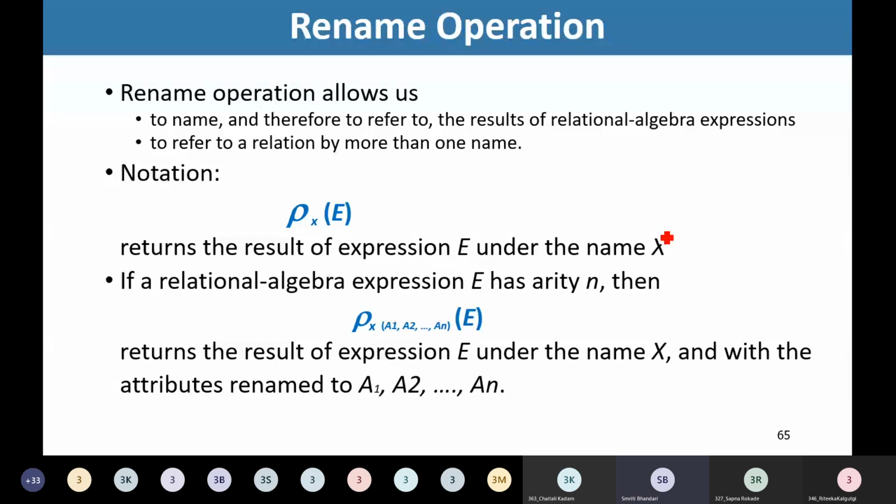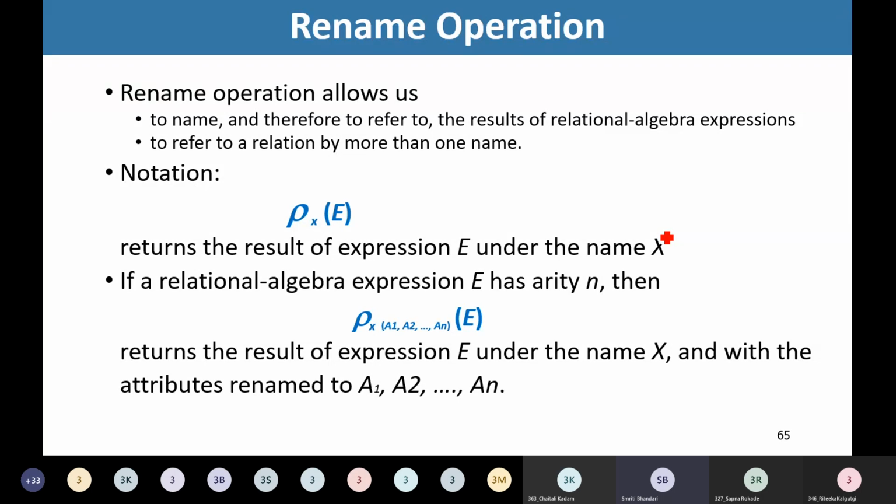Sometimes it may happen that we need to use the same relation twice, or more than once. If this is the case, it is not possible in an ordinary way to use two relations with the same name.